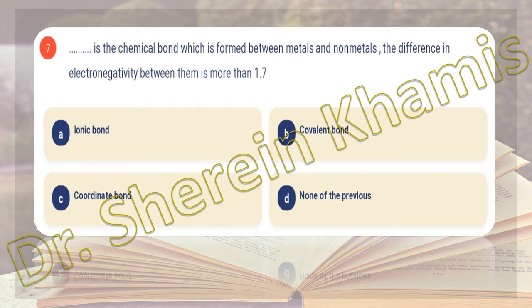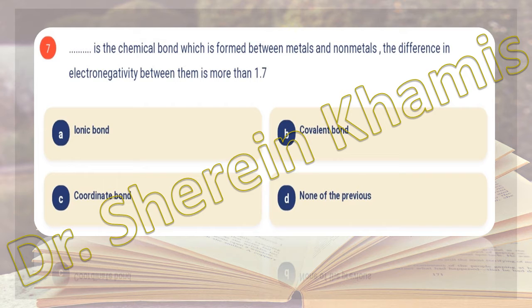We have the difference in electronegativity between them being more than what? 1.7. Okay, so we have a high difference, greater than 1.7.